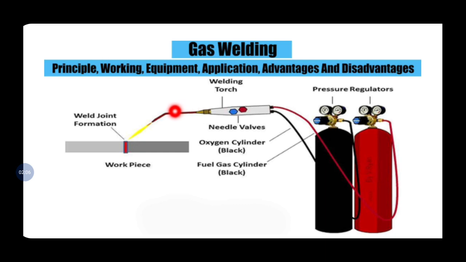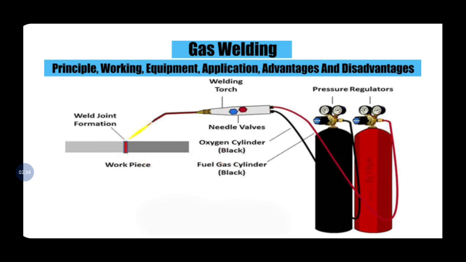After mixing, the mixed gas will come out here. You cannot see this gas; you have to ignite it using a lighter, the same way you ignite the gas stove in your kitchen. You will get a flame. Once you get the flame, that flame is used to heat the metal and weld it, to join the 2 metals.